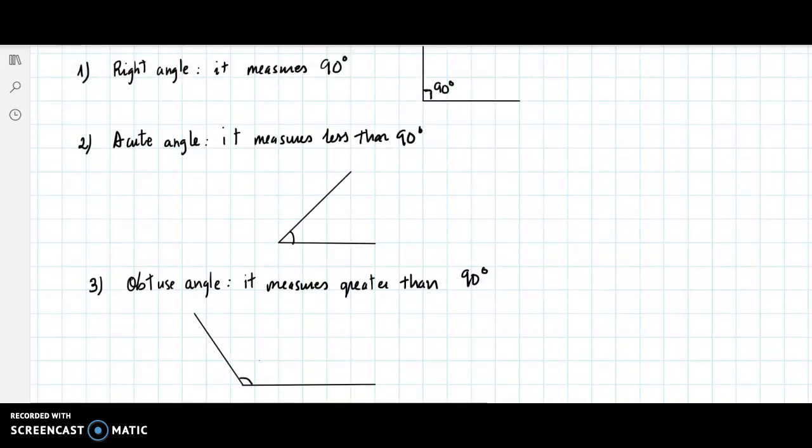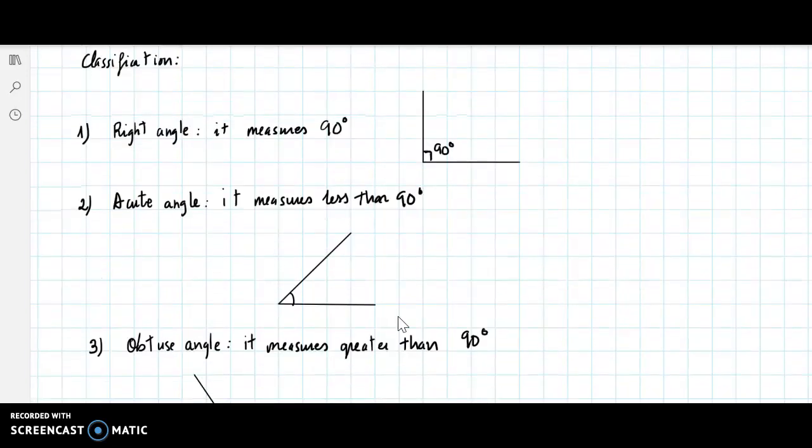So we are going to remember the parts of an angle. An angle has one vertex. And the vertex is the point where the two sides cross each other.